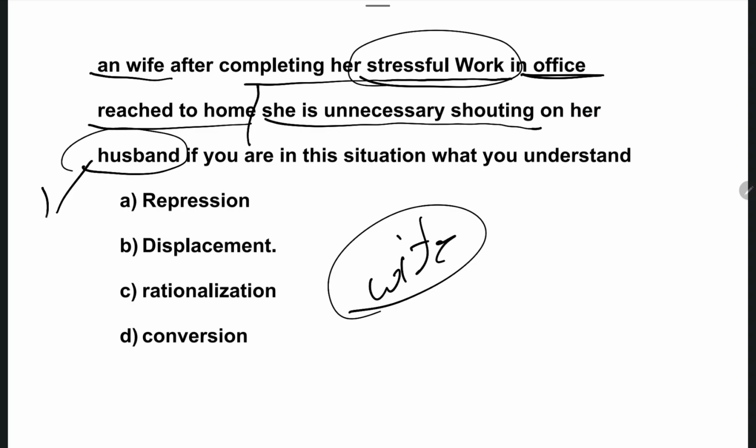Because the husband already reached the home and is in the home only. After that, the wife also came. So if you are in this situation, you can understand the psychology of the human being. What will you understand?